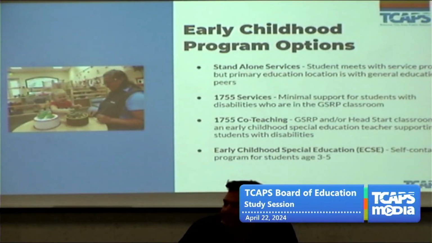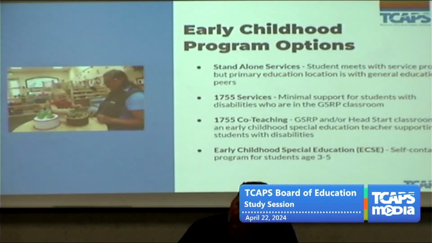The next on the continuum, so again, moving up to that more supportive, is what we call 1755 co-teaching. And currently we're doing that in GSRP as well as our Head Start classrooms. And that is truly the co-teaching experience. For example, if I was the gen ed teacher and Chelsea was the special education teacher, we would co-teach that GSRP or Head Start classroom together to support our students.